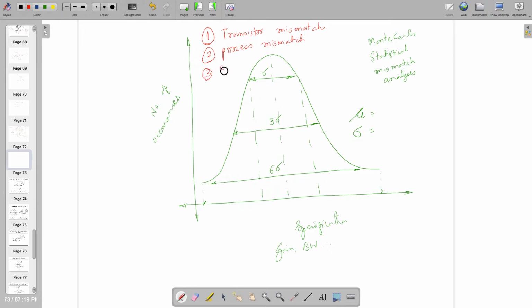So if you are doing transistor process mismatch, accordingly you will have the answer. But when they are doing this at the back, they are changing the gm or threshold voltage, all these things in a Gaussian way. That's why you are going to have the distribution with respect to the number of occurrences in a Gaussian way. Such things you are going to see just to make sure that it's working.